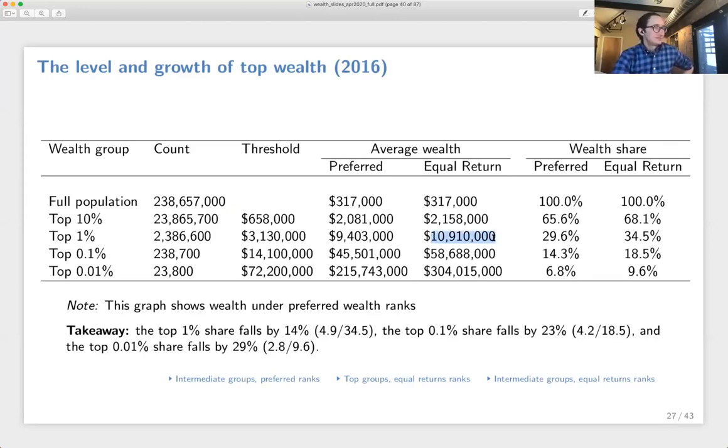Let's say for the top 1%, we see average wealth go from say 10 down to 9.5, so maybe a 10 to 15% decrease. 5 million on average for the top 0.1%, so maybe a 25% decrease, and then an average of 100 million for the top 0.01%, so like a 30% increase.